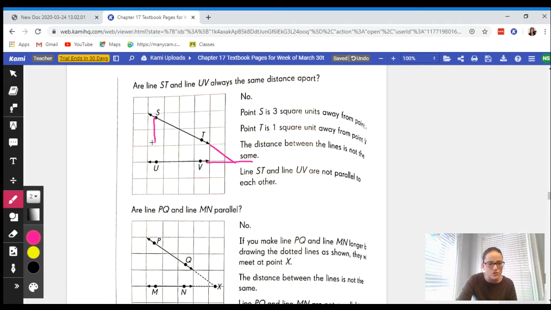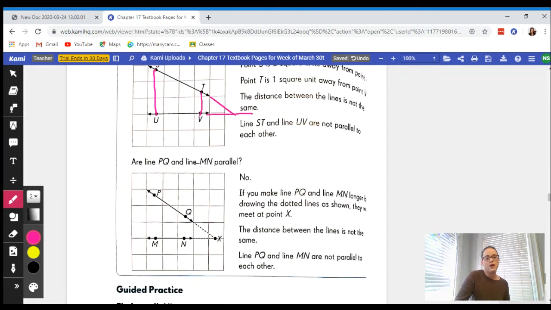It's almost 3 square units right here between line TS and line VU, but it is only 1.5 square units between line TV and line SU. I'm sorry, line ST and line VU. I said that wrong. I know one of you would have caught me if we were in class. So they are not parallel.